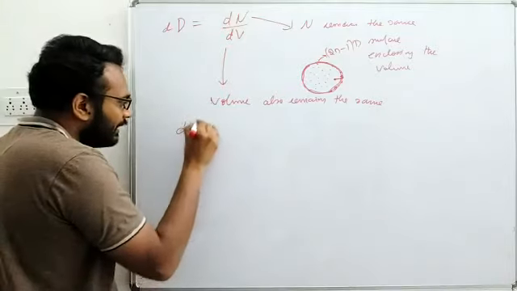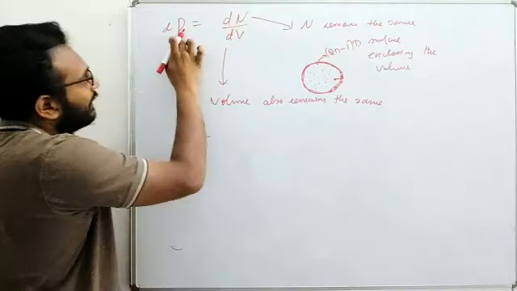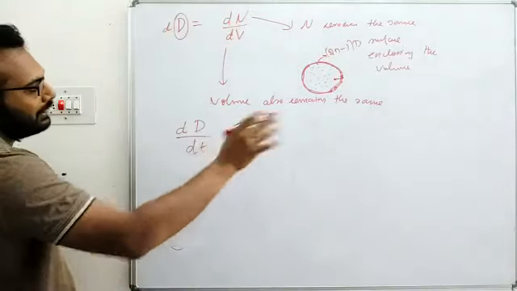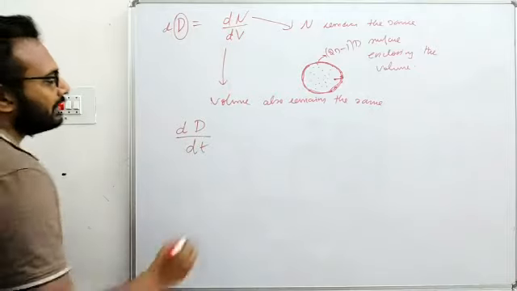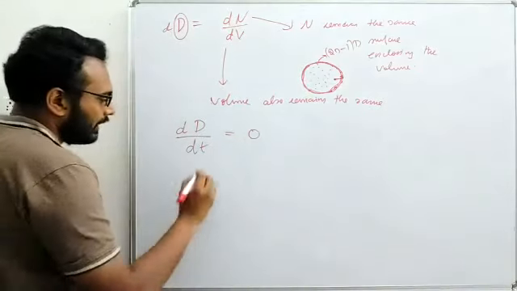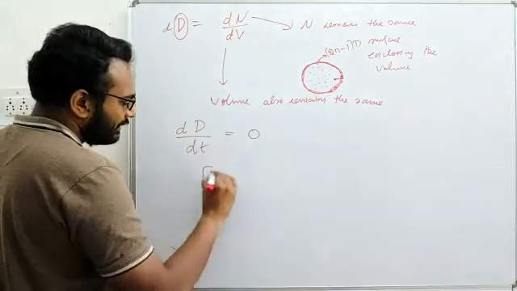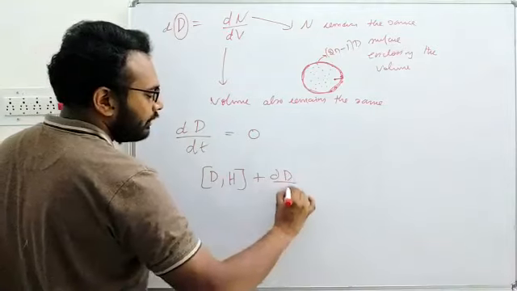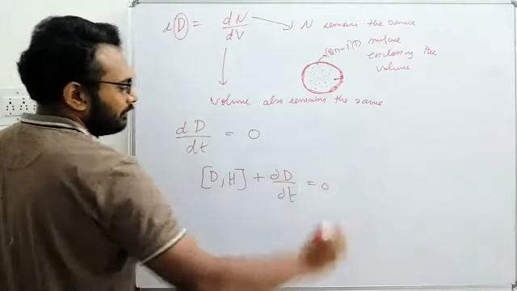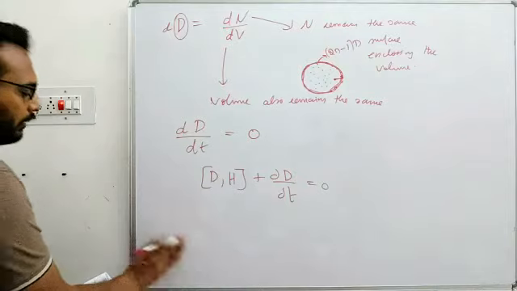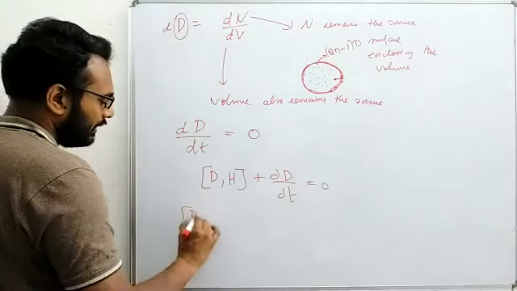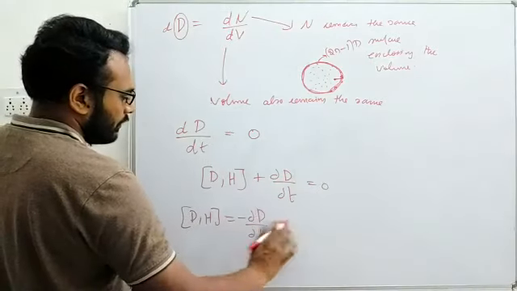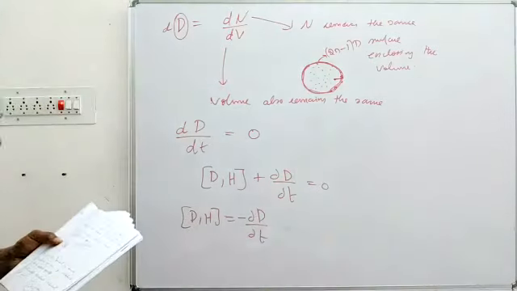This means that dD/dt, the density D, should remain the same under time evolution of the system. So dD/dt is equal to 0, or in other words, we can write this as [D,H] plus ∂D/∂t, if it has an explicit dependence on time, is equal to 0. This is known as the Liouville theorem. Or we can write it as [D,H] is equal to minus ∂D/∂t.